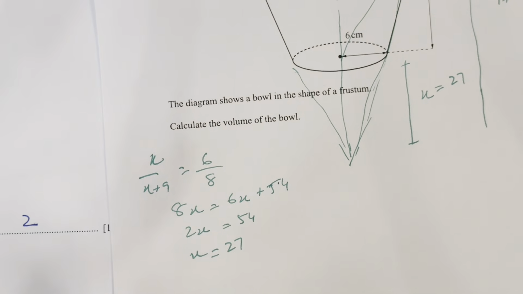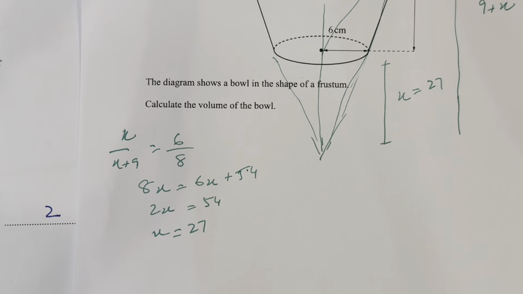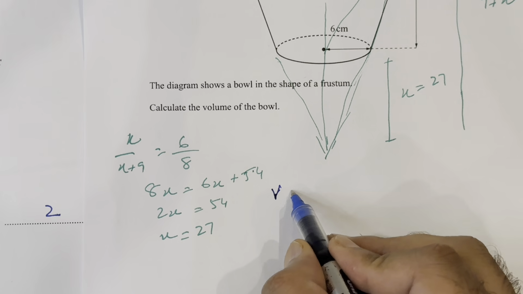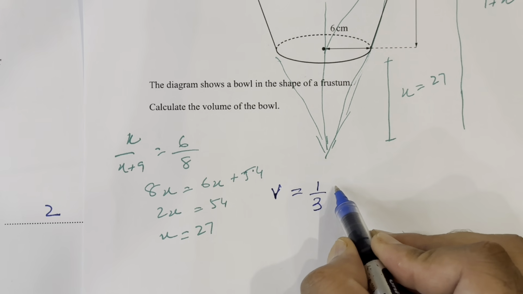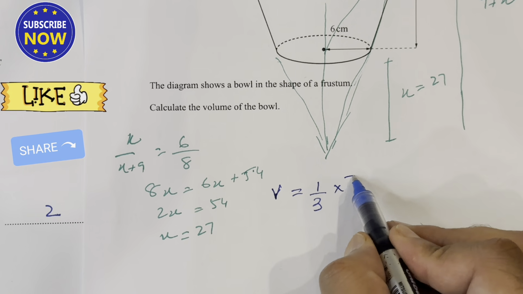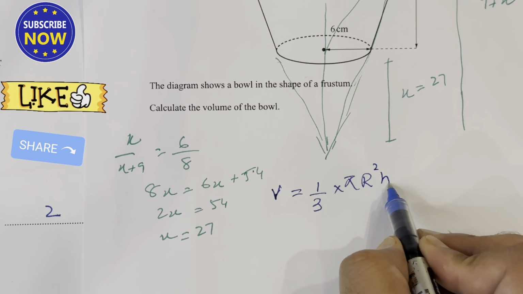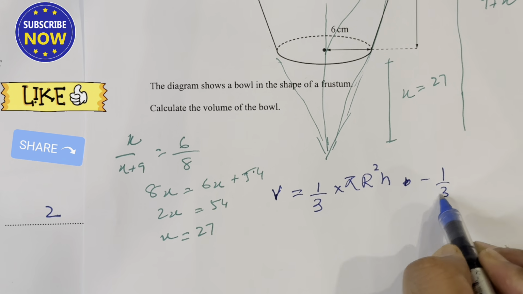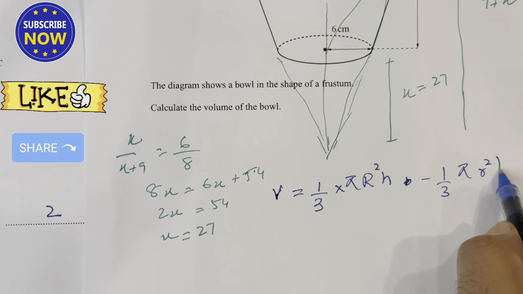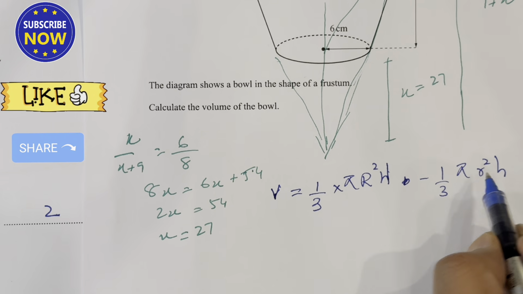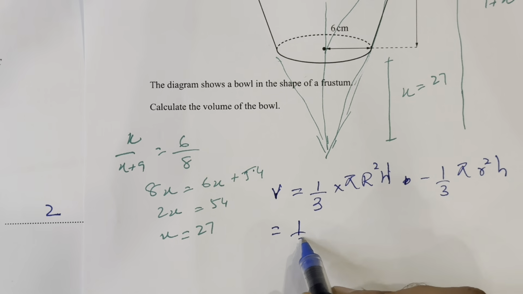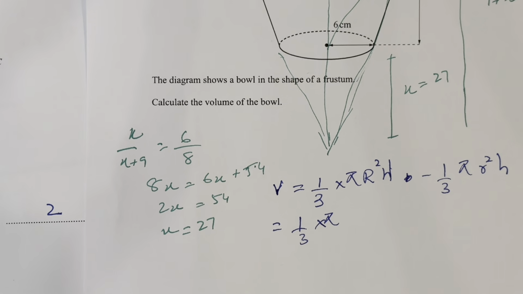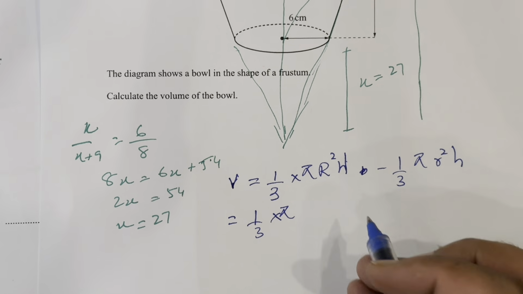Now we know that the volume formula for the cone is 1 over 3 pi r squared h. V is equal to 1 over 3 pi r squared h for the bigger cone, and for the smaller cone, we need to subtract 1 over 3 pi, taking r and h as the smaller values. You can simply put pi in the calculator.